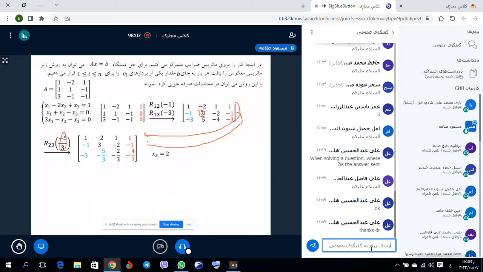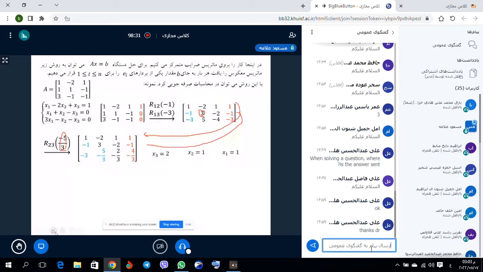It will be 4 minus 1 will be 3 divided by 3, x2 equal 1. And if we put in the first row, we find x1 is 1. 1 1 2 is the solution of this system.